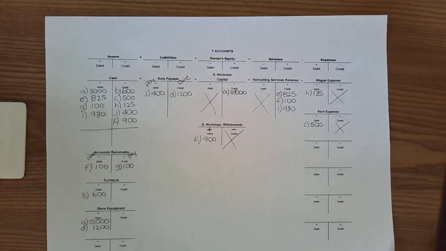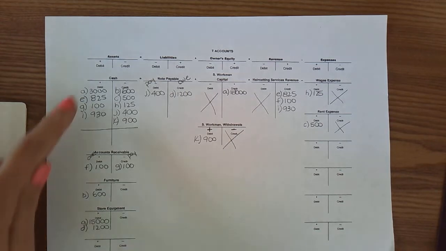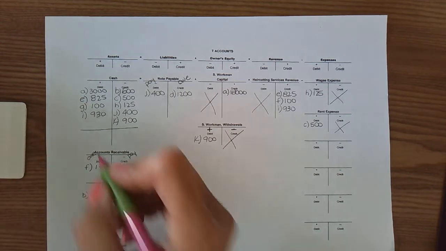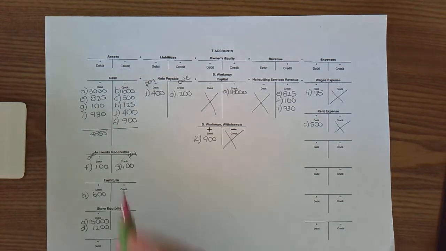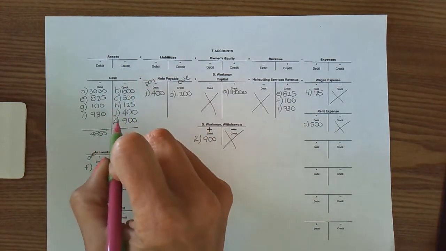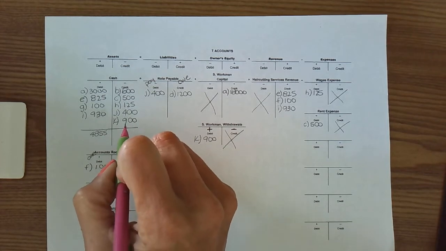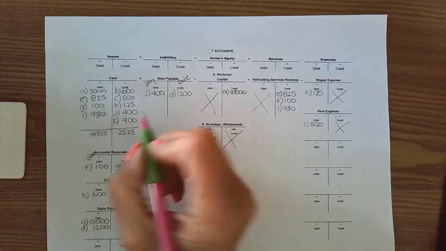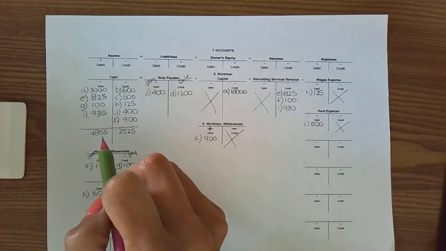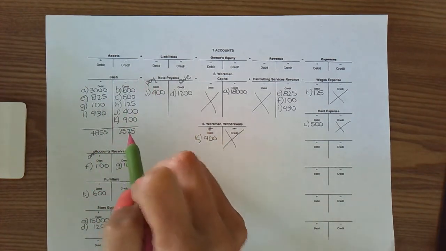And what we're going to do here is we're going to add up the debit side, which is money we took in, and that's going to be $4,855. Then we're going to add up the minus column. This is what we paid. So that was $2,525. So debits, money that we took in, credits, money that we paid.